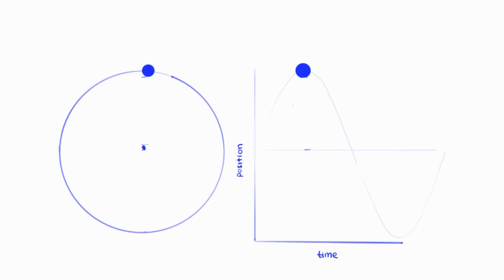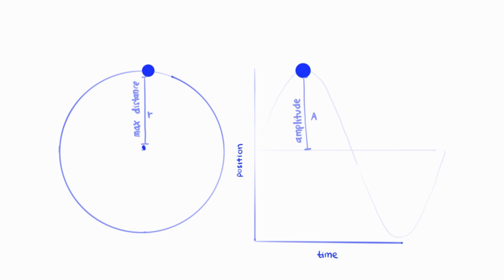Now let's pay closer attention to the previous diagram. In this diagram over here, we can see that as the object reaches the max distance in its y position, the distance is equal to the radius. And at the same time, in the position versus time graph, we can see that in the wave, it is equal to the amplitude of the wave.